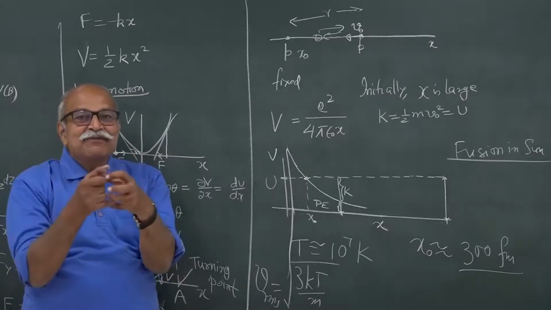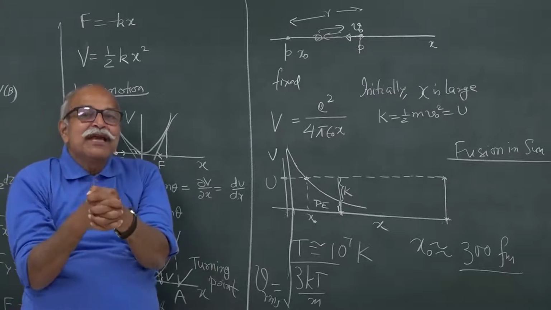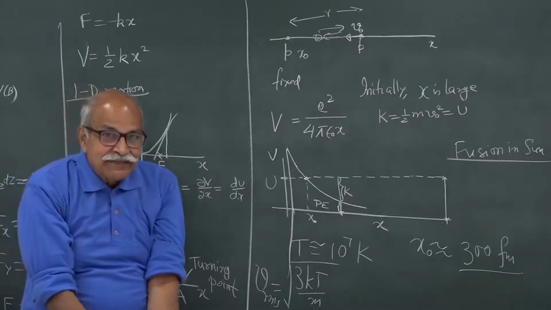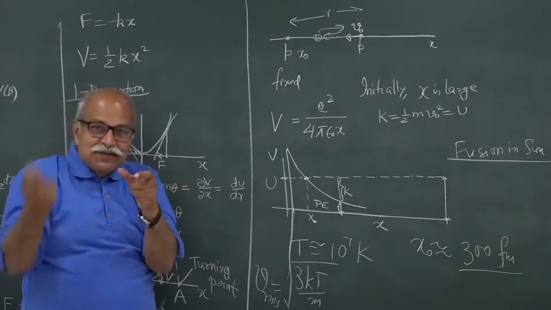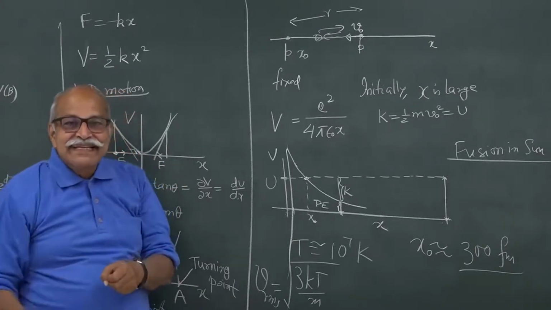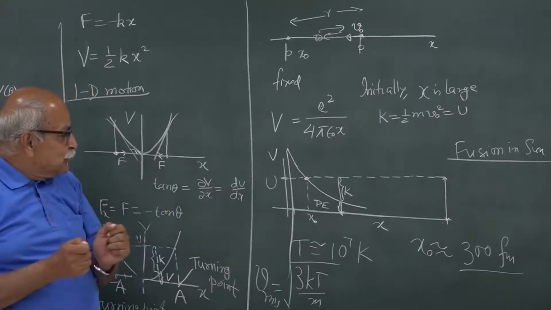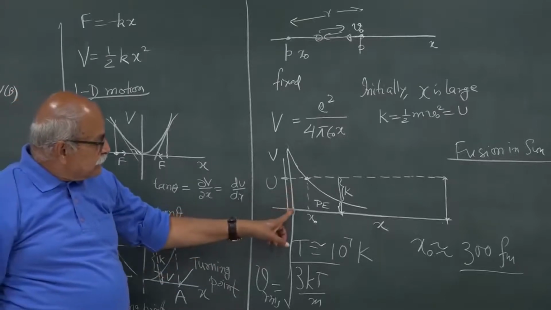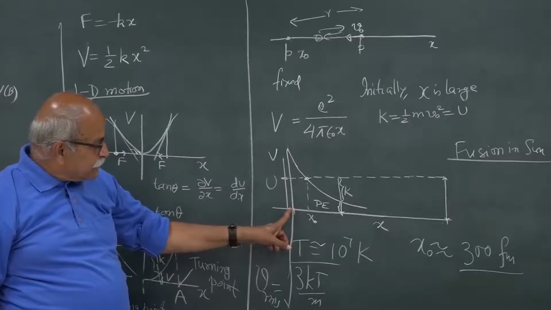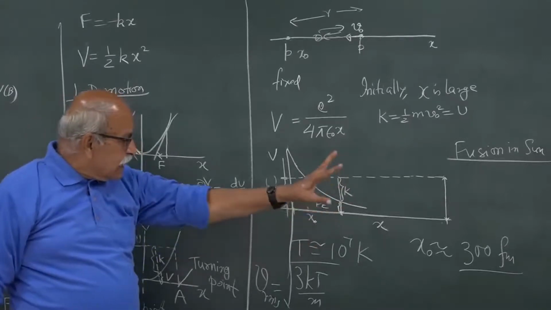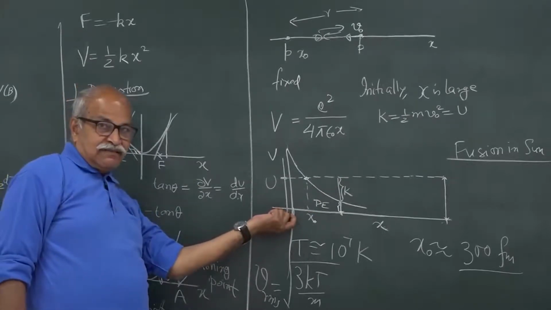So, if proton and proton are to fuse, if a fusion reaction is to take place in the core of the sun, the first thing is that 2 protons should fuse, and after that more protons will add to make a helium nucleus. But at the first stage where proton and proton have to fuse, they must come closer to this separation. So it must reach somewhere here, but then x naught is 300 femtometers and this is 1 or 2 or 3 femtometers.